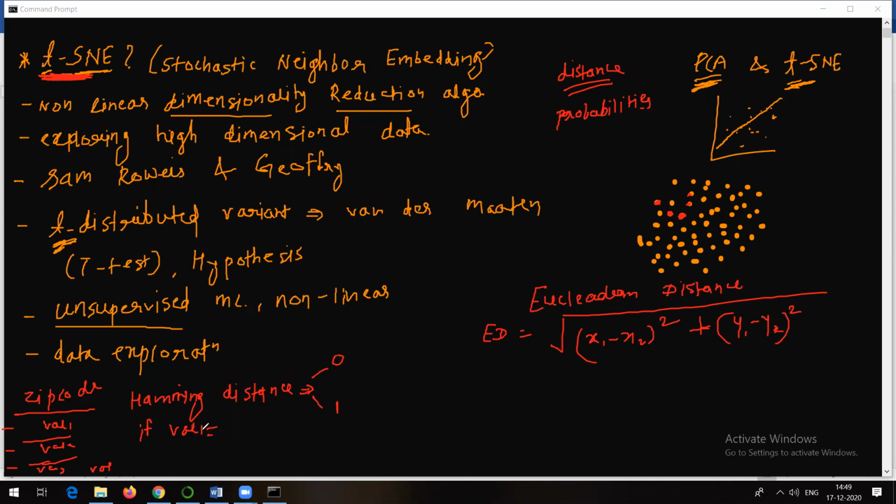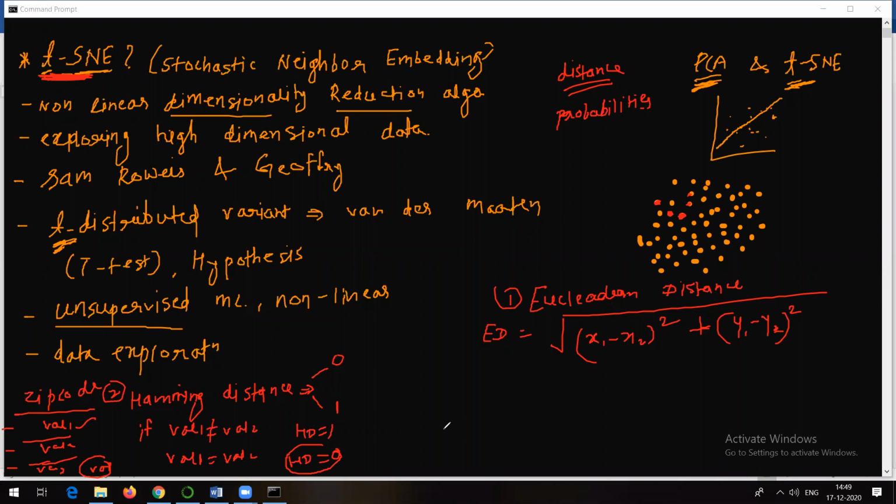Suppose value 1 is not equal to value 2, then Hamming distance is equal to 1. Otherwise, if value 1 is equal to value 2, then Hamming distance is going to be 0. That is, they belong to the same class. That means they are the same. Hamming distance equal to 0 means this value and this value, for example, belong to the same class. So this is how Hamming distance is actually used. Hamming distance is another way to find out the distance between the points in the plane.